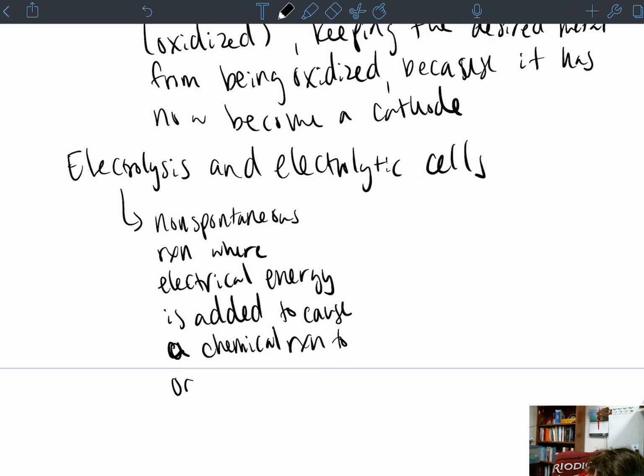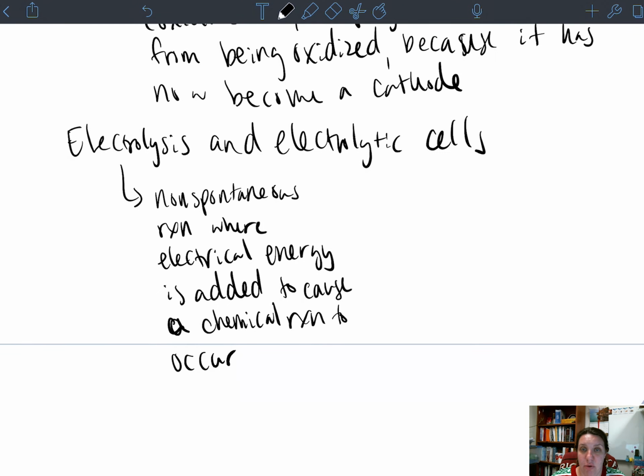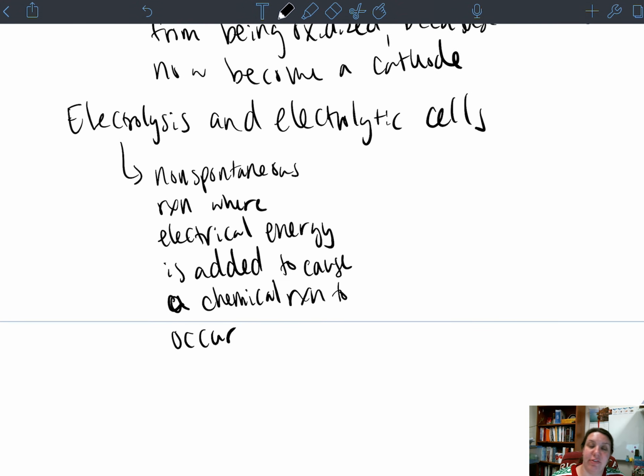Unlike an electrochemical cell, where we produce electrical energy using a chemical reaction, here we use electrical energy to cause a chemical reaction to occur. So the electrolytic cell is the opposite of a galvanic cell.